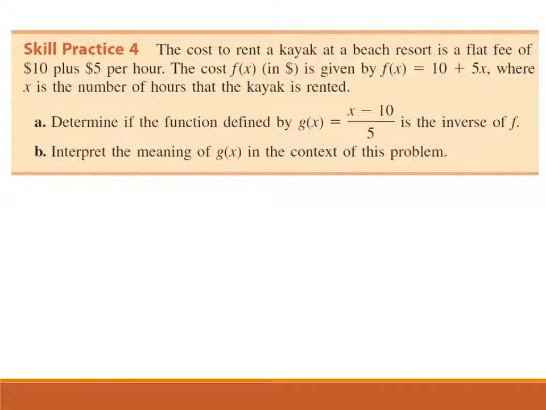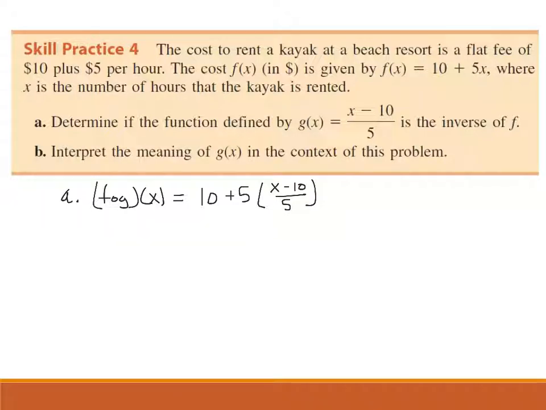So in our first example, we are going to do part A, and we'll do f of g of x. And when we do that, we get 10 plus 5, parentheses x minus 10 over 5.